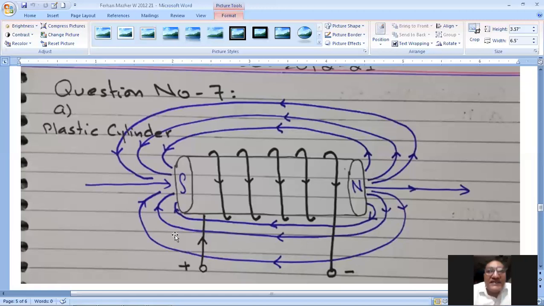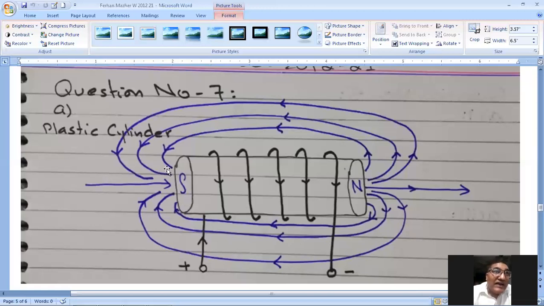Another way of deciding which side of the solenoid will be which pole is this. If you look at this face of the solenoid and you observe that the current is rotating in an anti-clockwise manner, then that end of the solenoid will be a north pole.